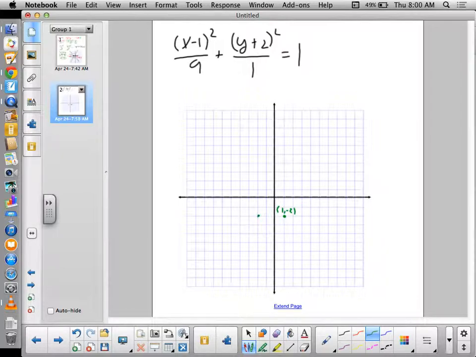So that's (-2, -2) and (4, -2). The minor axis is 1 unit long and vertical, so (1, -3) and (1, -1). There's my ellipse.